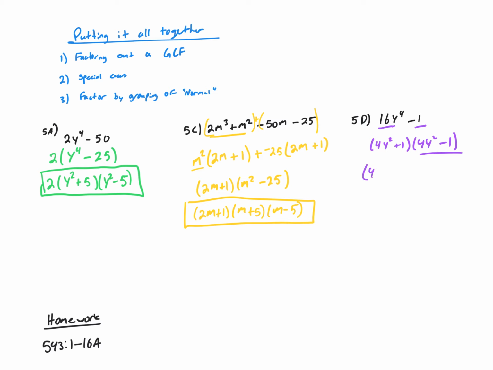So I'm going to leave this 4y squared plus 1. This is going to factor into the square root of 4 is 2, the square root of y squared is y, the square root of 1 is 1. So I'm going to say plus 1. It's going to be 2y minus 1. And this would be my factored form.